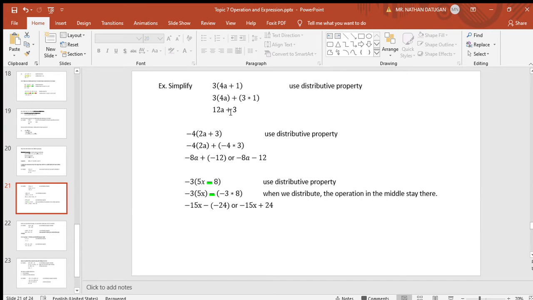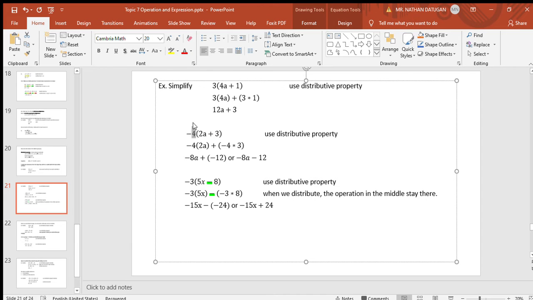Now let's move on to a few more examples. We have 2a plus 3 times negative 4. What we're going to do is distribute negative 4 to all the terms. So negative 4 times 2a, plus, again, the operation inside the parentheses has to remain the same, so this is a plus.